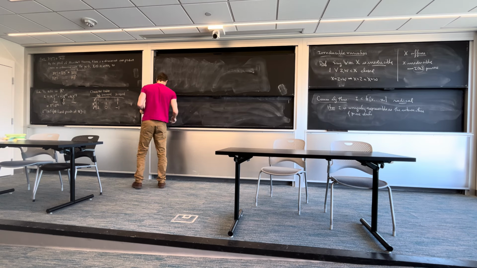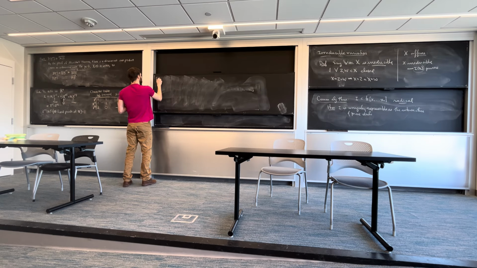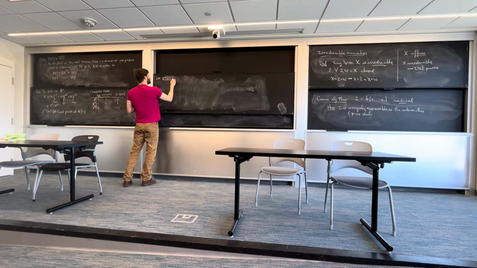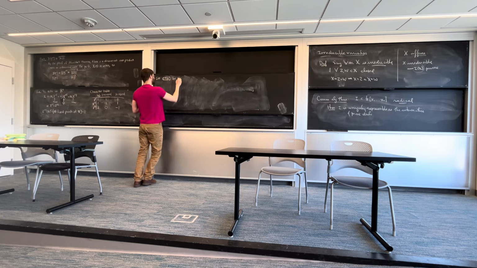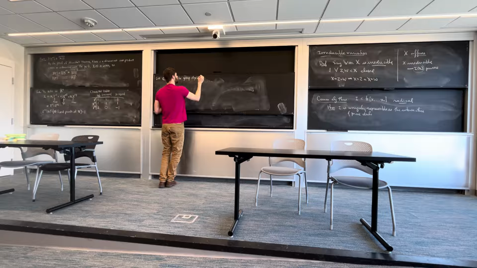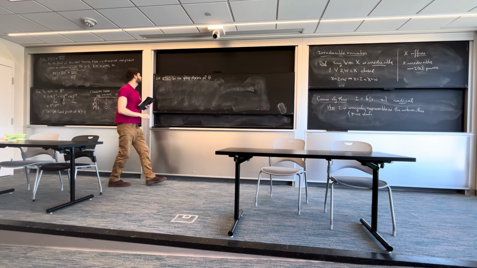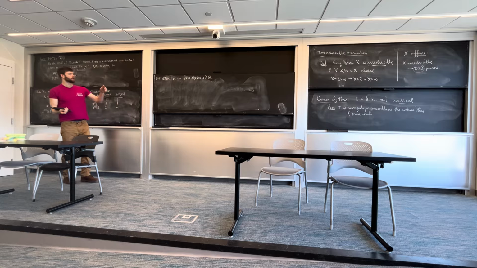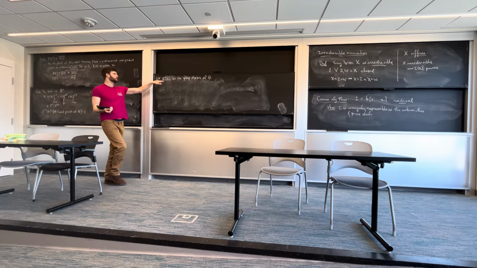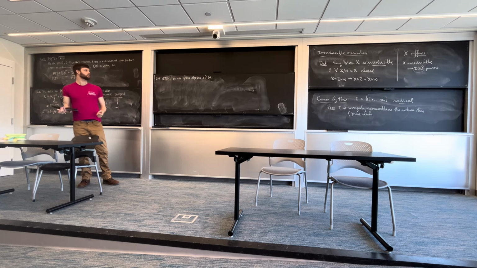Okay, so let's say we have a group G, and remember C bracket G is the group algebra of our group G. So the elements here are formal linear combinations of elements of G with complex coefficients.